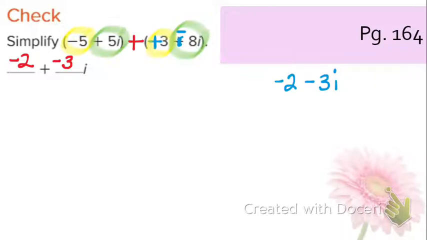All right, our last two examples are not in the book. So on page 164, you have a lot of space off to the side, or if you want to, you can pull out a sheet of paper. We're going to practice multiplying imaginary numbers.